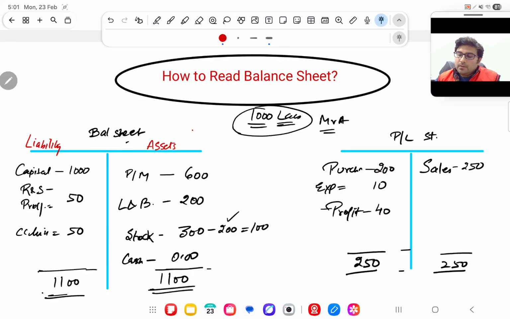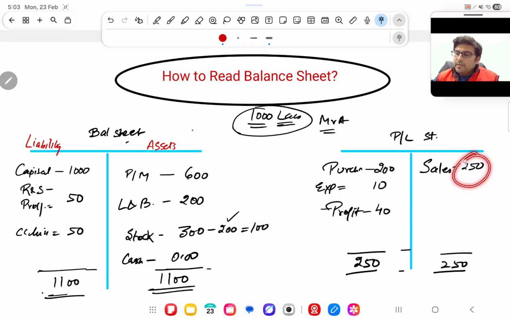Now let us see how the changes are done in the balance sheet. So we already made changes to the stock position. 300 was originally. Now they have sold goods for 200. So this stock will be reduced by 200. So now they are left with 100 only. Now we have a cash position of 0. What happened? They have sold goods worth rupees 250.